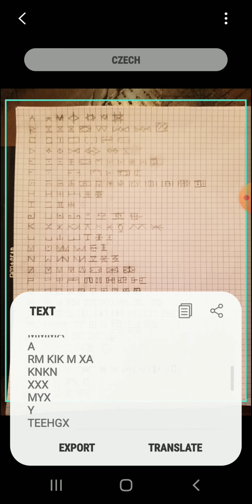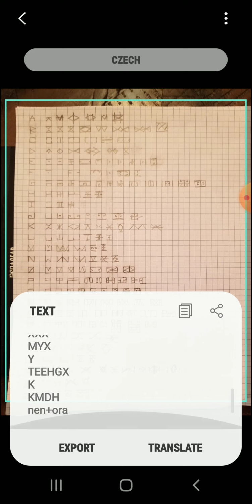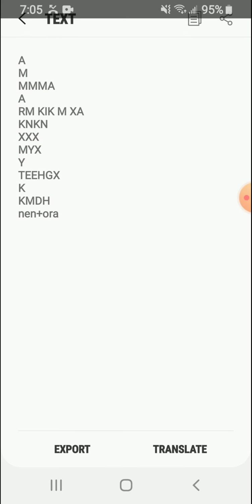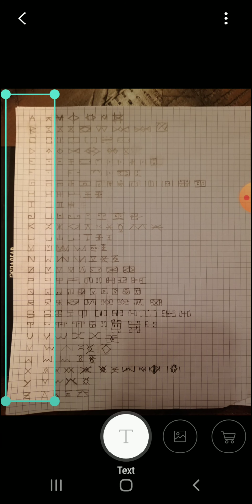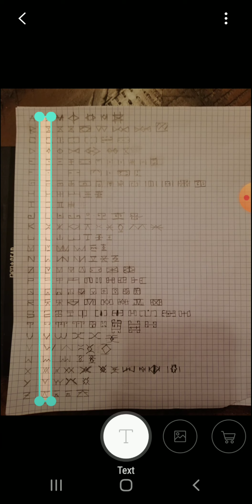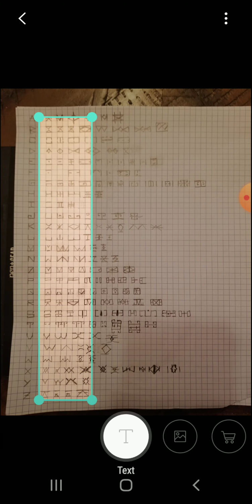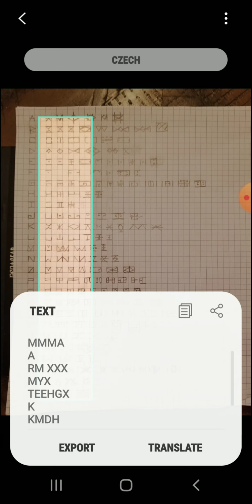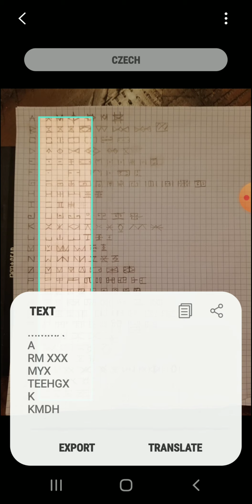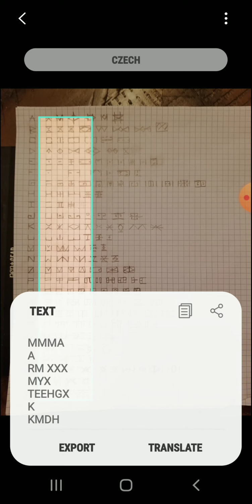See A. Here's different meanings or things that it could be. Now, like I said, depending on what apps you have, you can single out different sections. So that symbol means MMMA, the next symbol means A, RM, XXX.